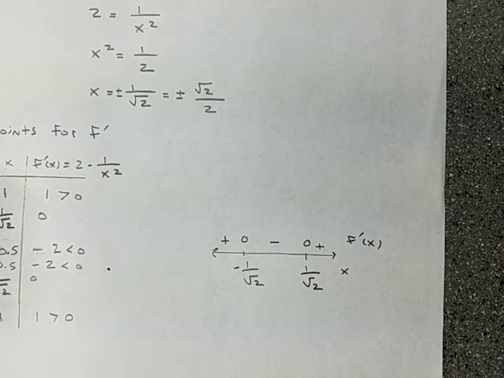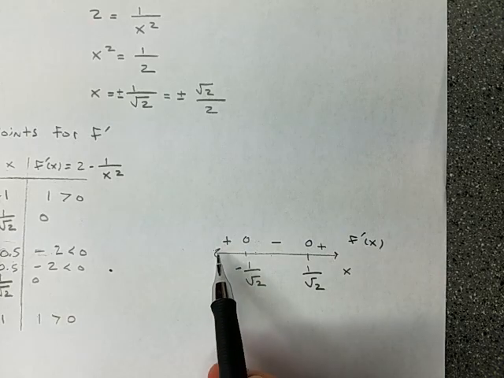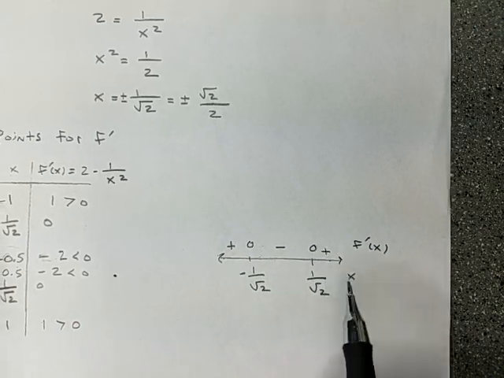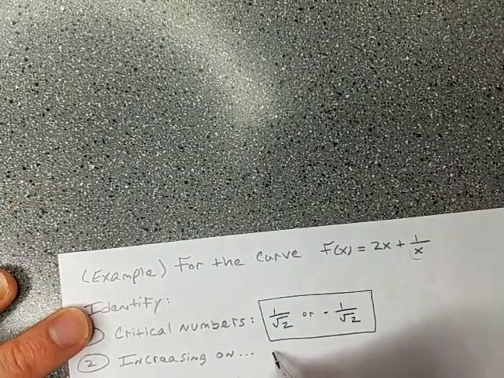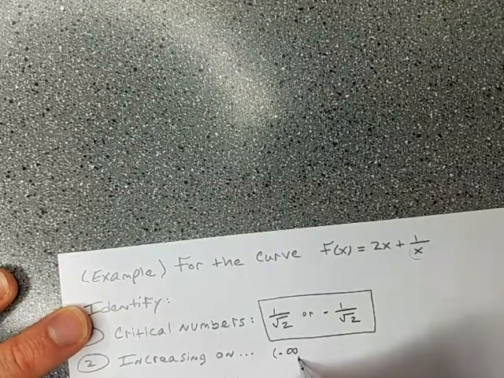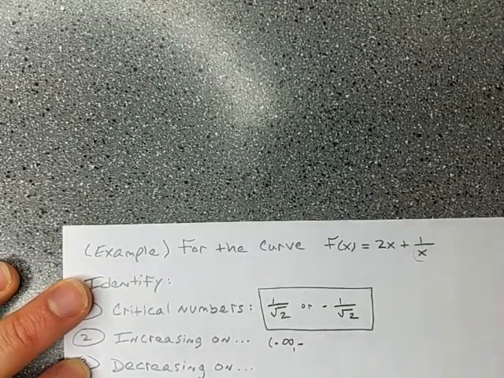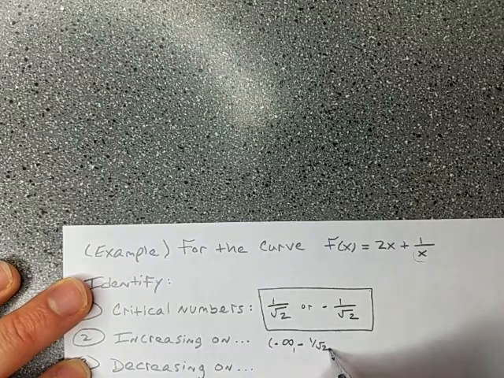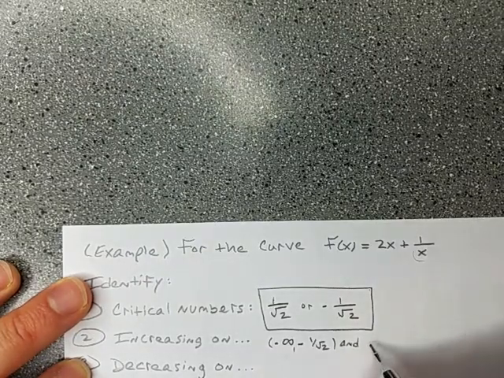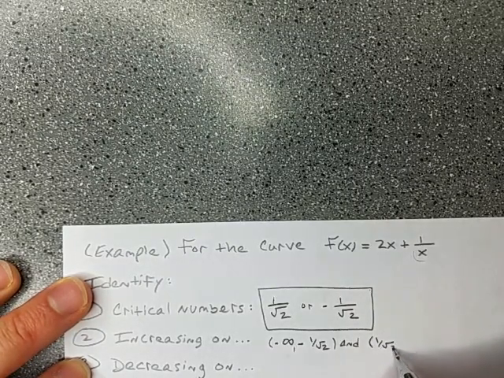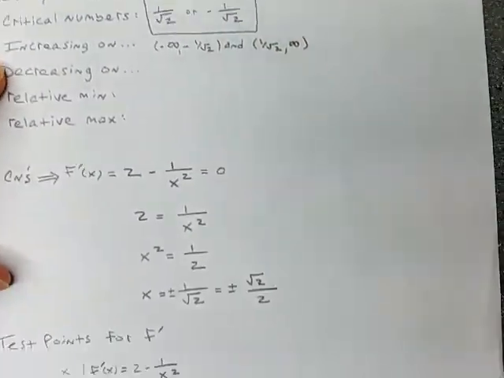Okay. So anyway, let's do this. It's going to be increasing here and there. So let's say this, increasing on negative infinity to negative 1 over root 2. And also 1 over root 2 to infinity. Okay?